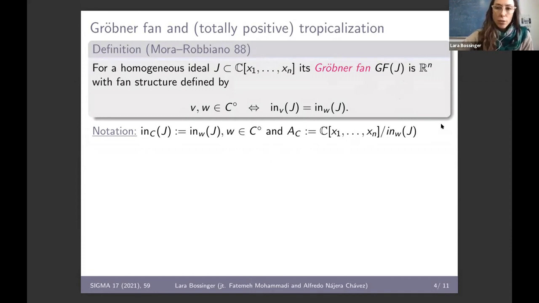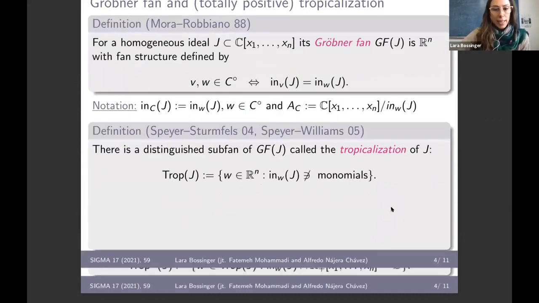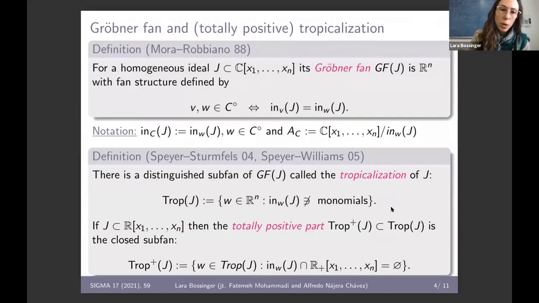Okay, so now inside the Gröbner fan, there are two more interesting subfans. The first one is the tropicalization. Here I'm going to restrict my attention to all the weights such that this initial ideal does not contain any monomials. On the next slide, there's going to be an example just to freshen up your memory on Gröbner theory. And if my ideal only has real coefficients, then I can also talk about the totally positive part inside the tropicalization.